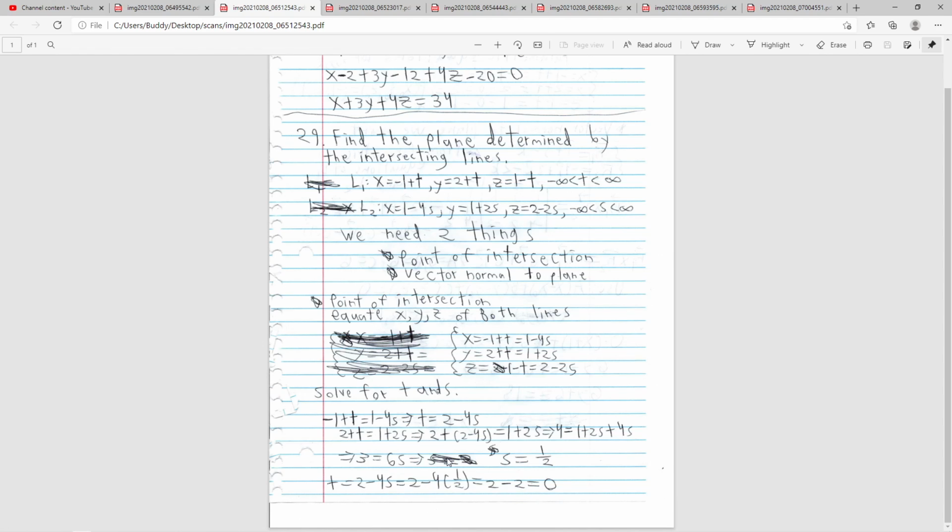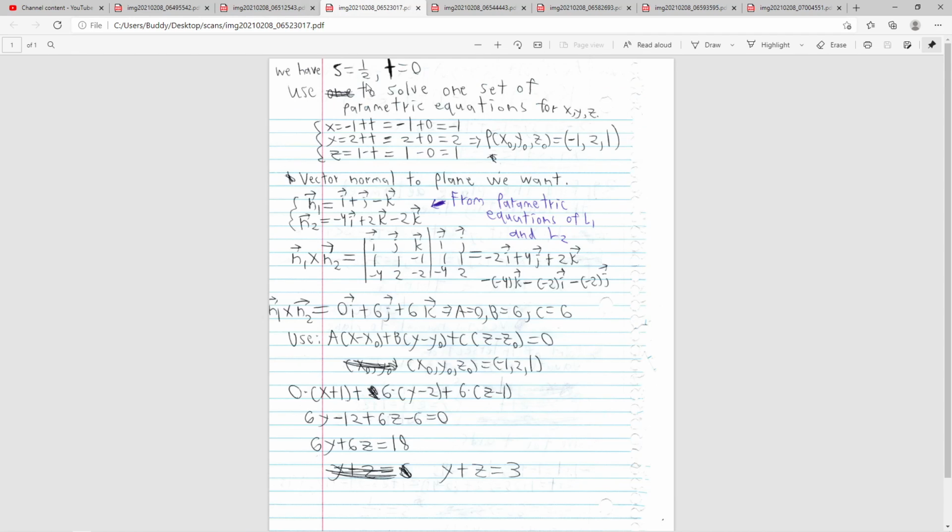You just solve for t in whatever single equation you want. In this case, I just brought back t equals 2 minus 4s from here and plug in s. So 2 minus 4 times 1/2 equals 2 minus 2, which is equal to 0. And so we have s equals 1/2, t equals 0.